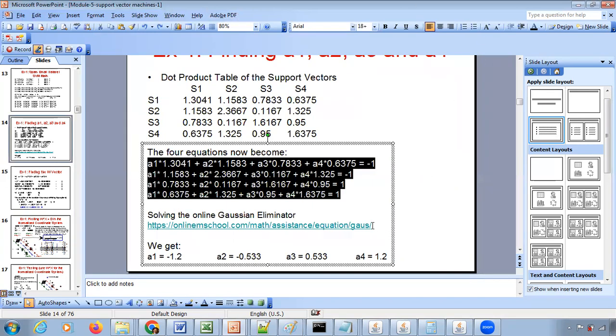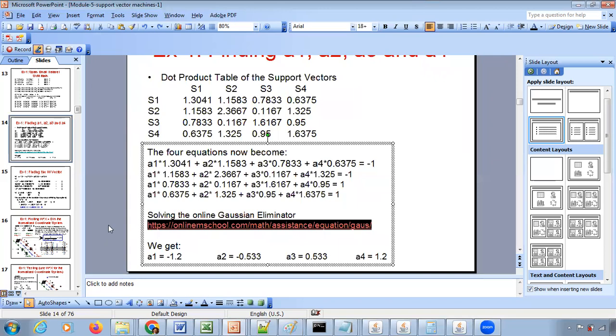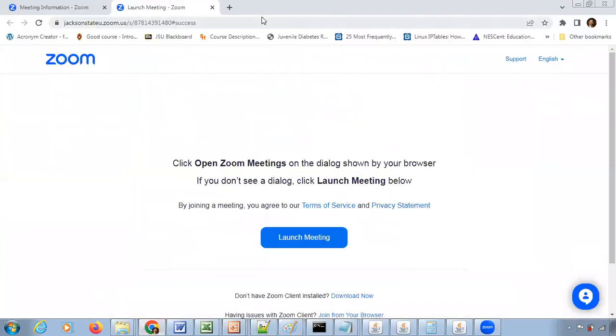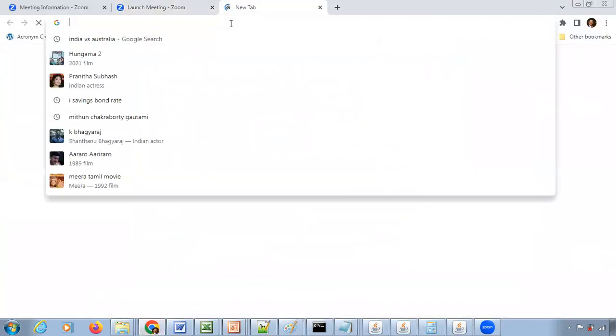For this purpose, we'll make use of this online calculator. It uses a Gaussian elimination approach. There are different ways you can solve simultaneous equations, and it uses Gaussian elimination. So let us go to that website.